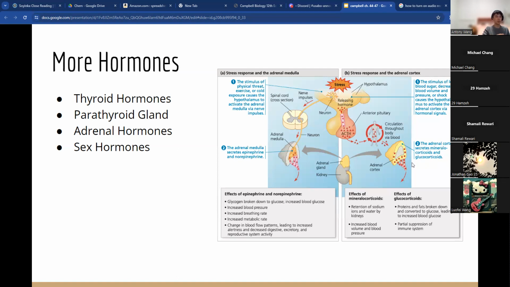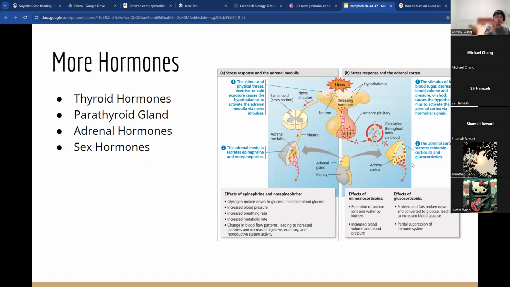Glucocorticoids are actually more interesting. They cause glucose release into the bloodstream, and they suppress your immune system. Now, one interesting thing is that chronic stress will trigger excess or continued production of glucocorticoids.